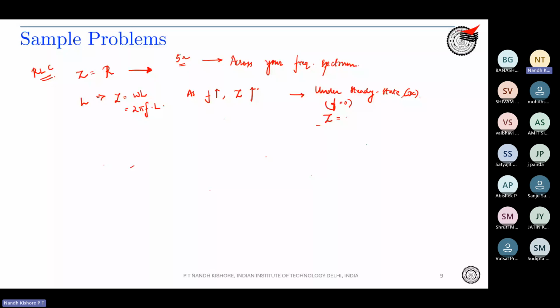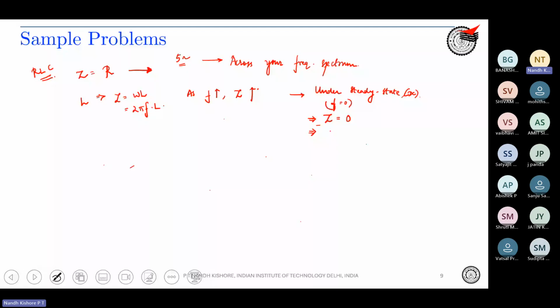If your impedance is 0, the element is not offering any impedance to the current that flows, which means the element acts as though it is not there. The element acts as though it is directly a short circuit.